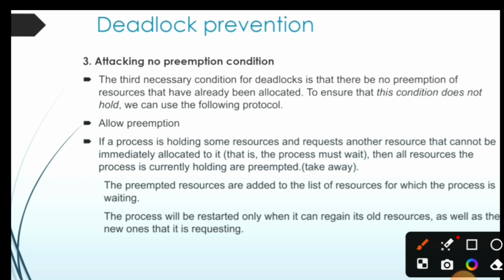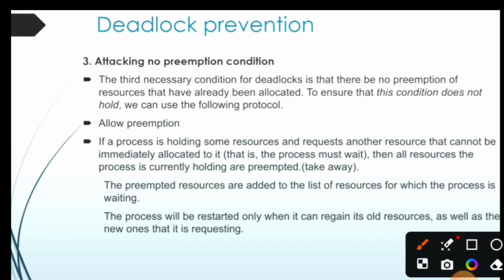To ensure that this condition does not hold, we can use the following protocol. If a process is holding some resource and requests another resource that cannot be immediately allocated to it, that is, the process must wait, then all resources currently being held are preempted.